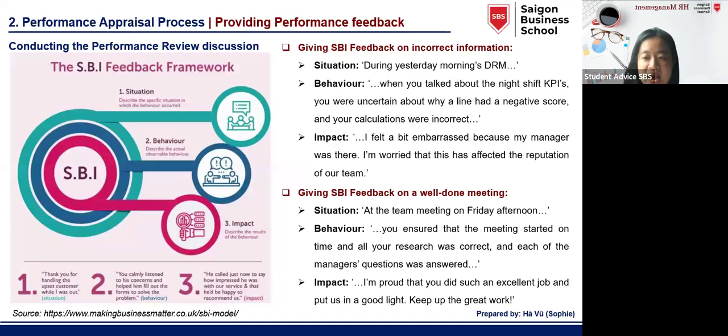By following the SBI structure, the recipient clearly understands what the feedback is about and why it matters. So this method is effective because it focuses on specific situations and behaviors, then highlights their influence on others. A key benefit of this model is its emphasis on the impact step, which allows the individual to reflect on how their behavior influences others and consider what they can improve next time.